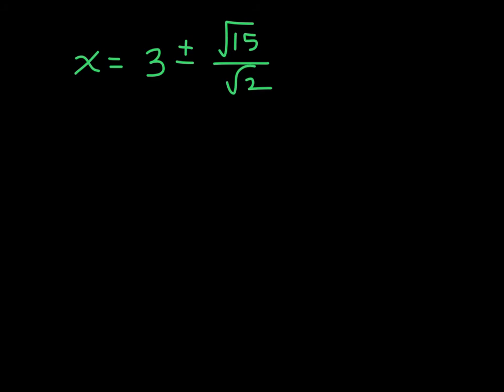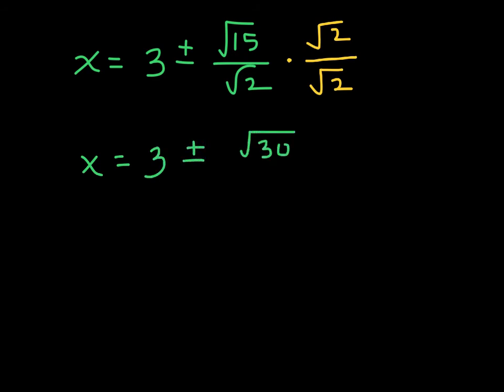I can get rid of that square root if I multiply the denominator and the numerator, really, by the square root of 2. Because then you will have 3 plus or minus the square root of 30, that's 15 times 2, and then the square root of 2 times the square root of 2 is just the square root of 4, which is 2, no radical. So now this has been simplified.